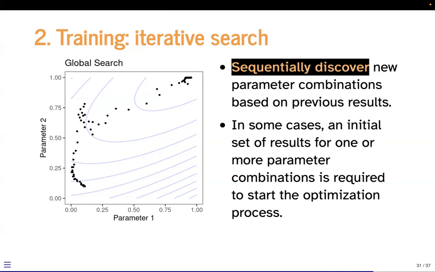And depending on which iterative search algorithm you're using, you may have to provide a fixed grid to begin with. So maybe you give a very simple grid with a few values to start with.